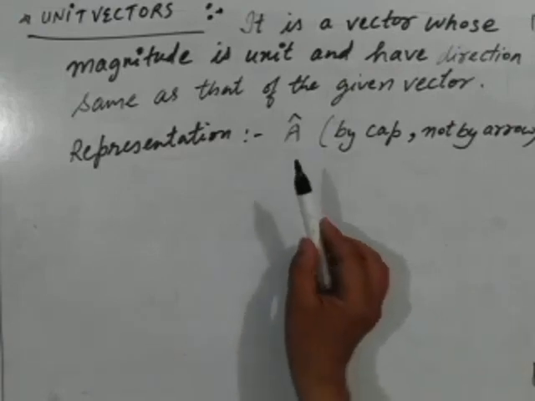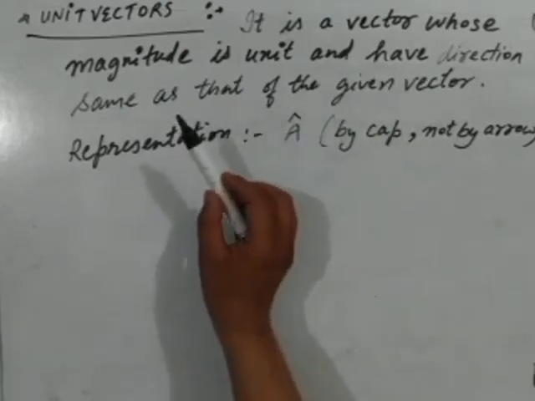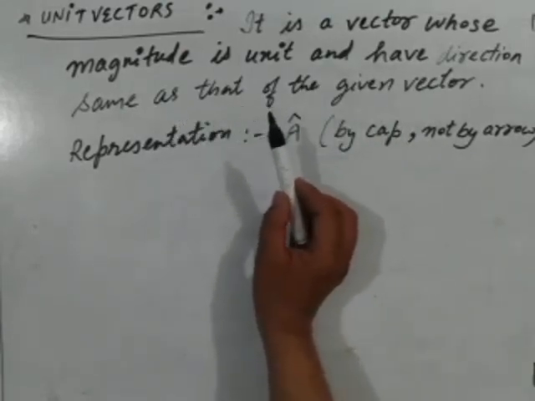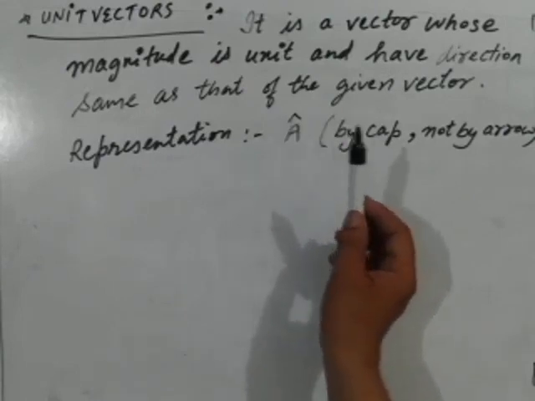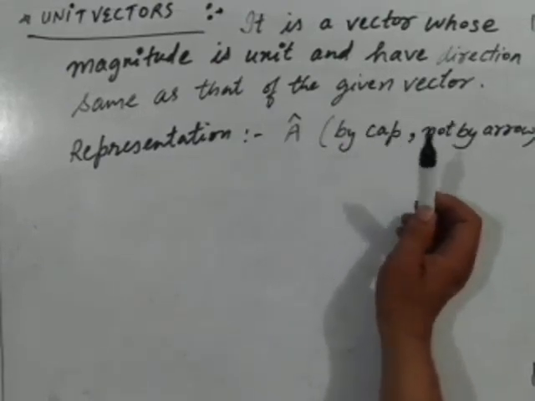So mathematically a unit vector is a vector whose magnitude, whose value, is unit, whose value is 1, and has the same direction as that of a given vector.